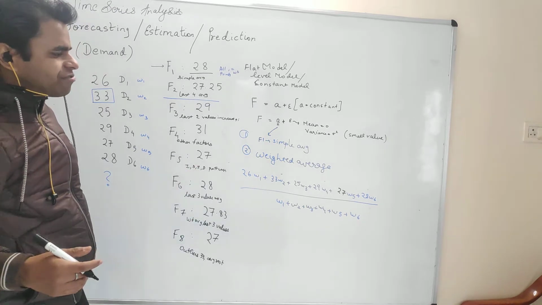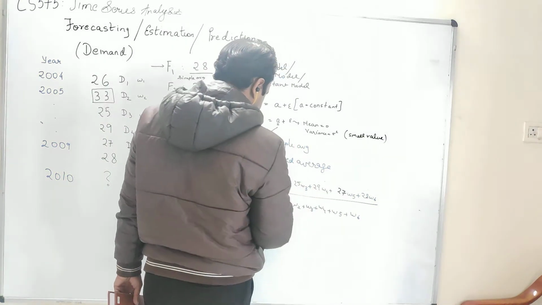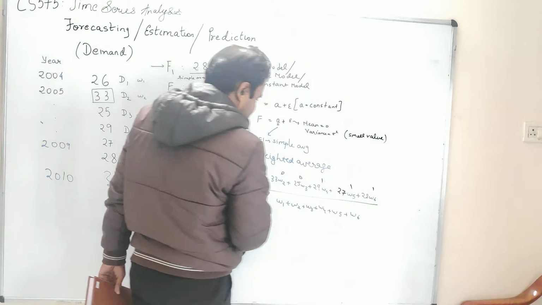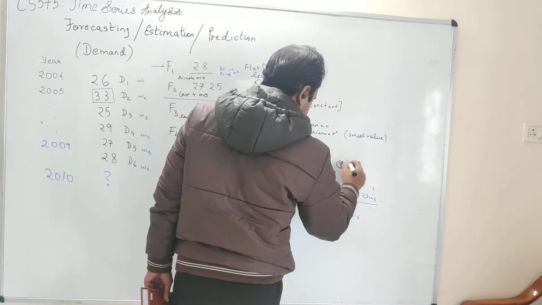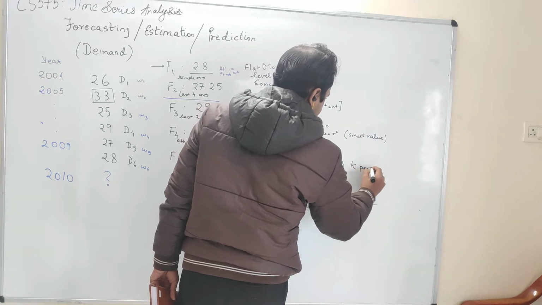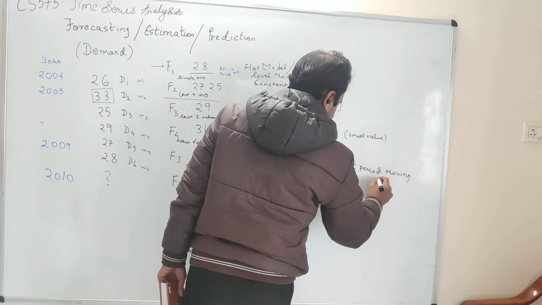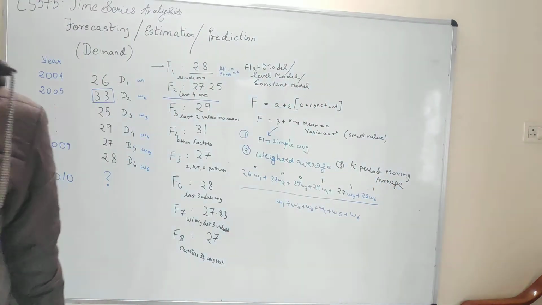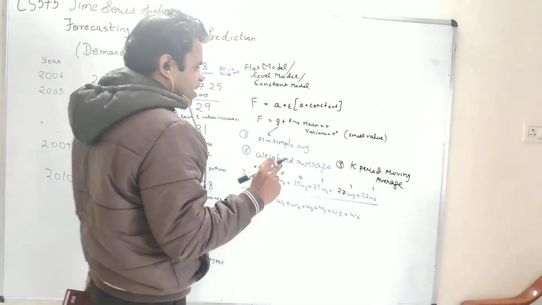Again, we will see, for example, if I want the last 3 points, the average of the last 3 points, then we already saw this. I will give the first 3 weights as 0. So this is known as a K period moving average.